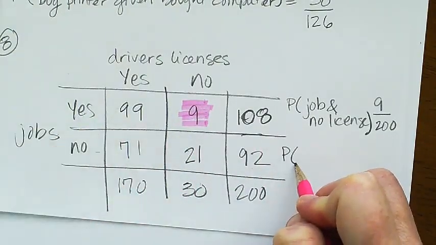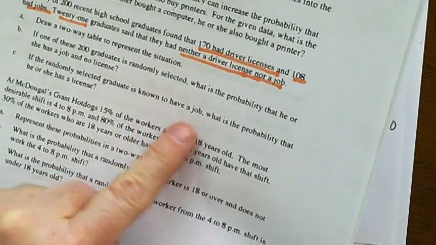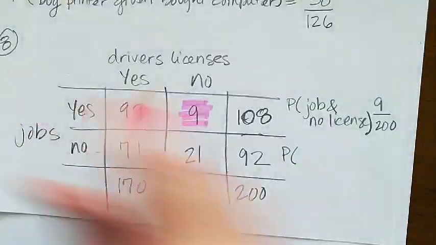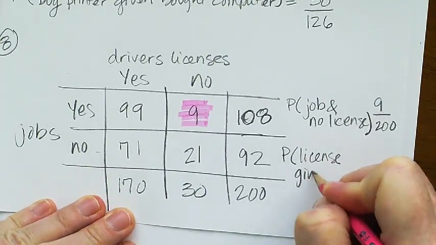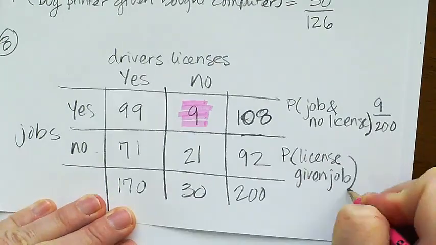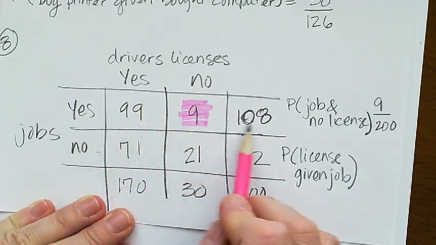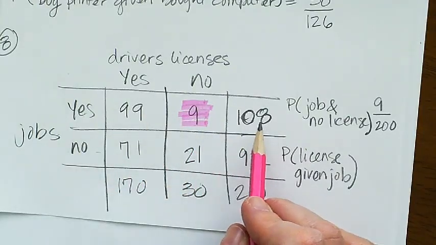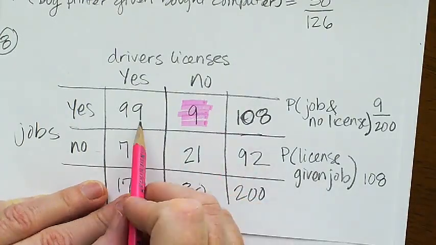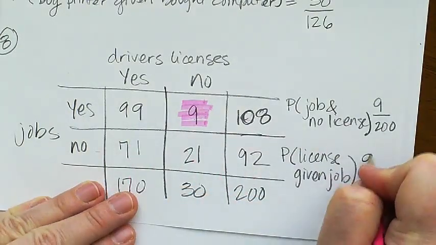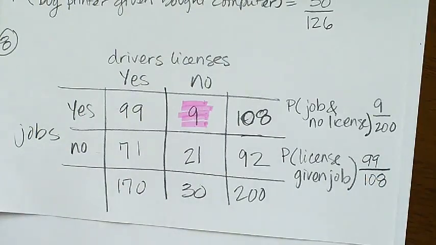So probability of having a license given that they have a job. So then I'm only looking at this row right here. So out of those 108 people who have a job, 99 people have their license. Okay, we'll stop there.